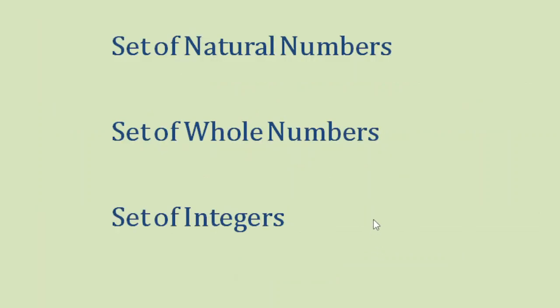First, let us take note of these letters used in math. Capital letter N stands for the set of natural numbers, and they are 1, 2, 3, 4, 5, 6, 7, and so on.